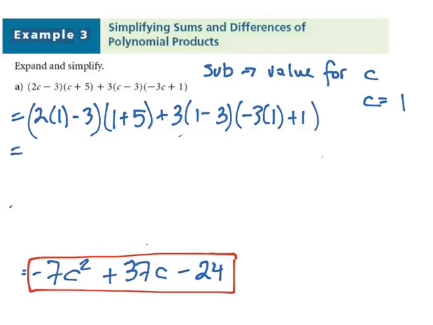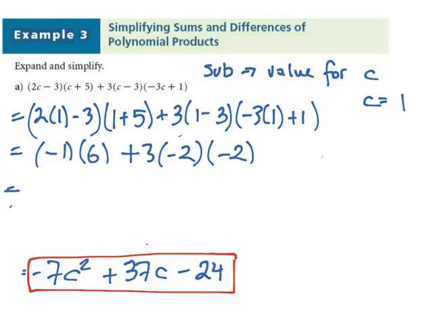So 2 times 1 is 2, 2 minus 3 is negative 1, 1 plus 5 is 6, or you could just punch this in the calculator, that's fine, plus 3. Inside the first bracket, 1 minus 3 is negative 2, negative 3 times 1 is negative 3, and negative 3 plus 1 is negative 2.